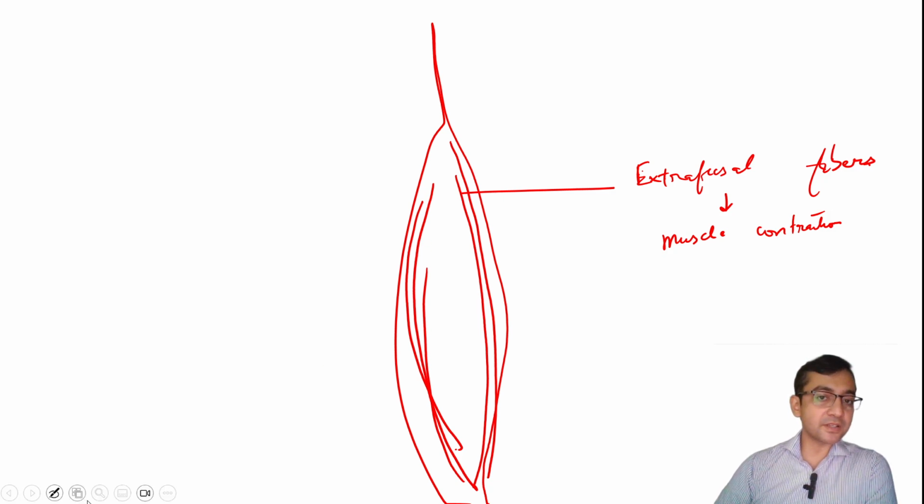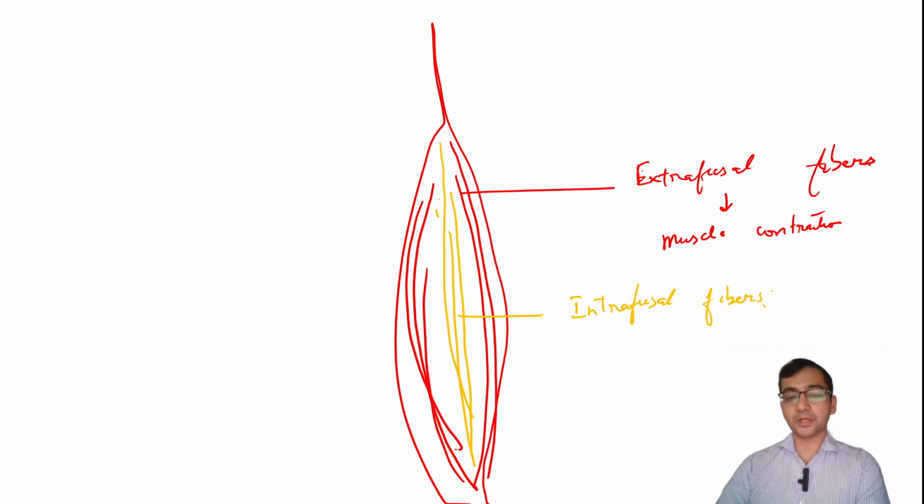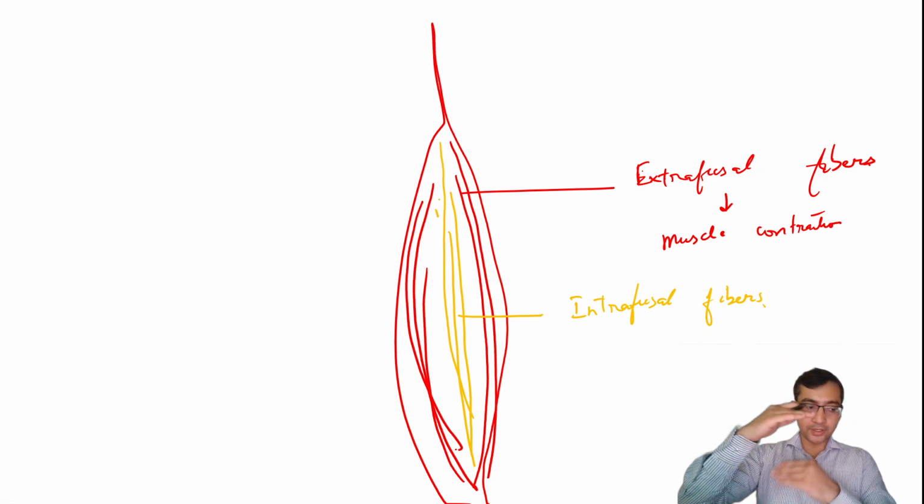And then there are the muscle fibers that are present inside the muscle spindles. As you have guessed, these are the intrafusal fibers.